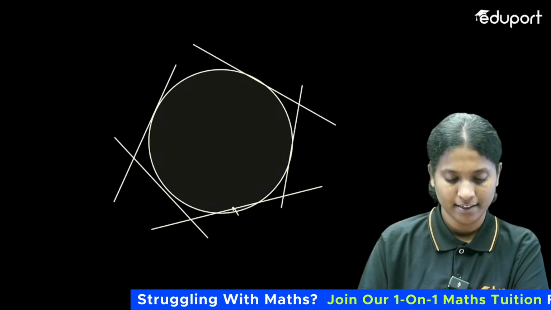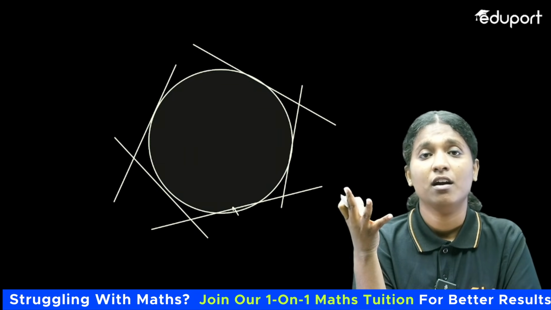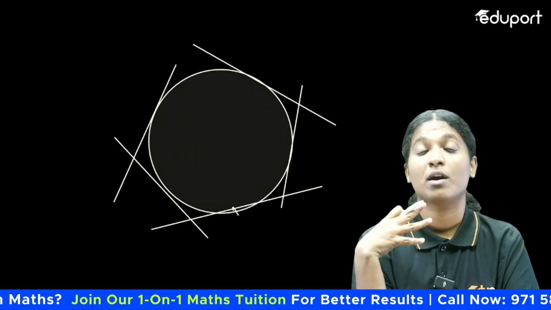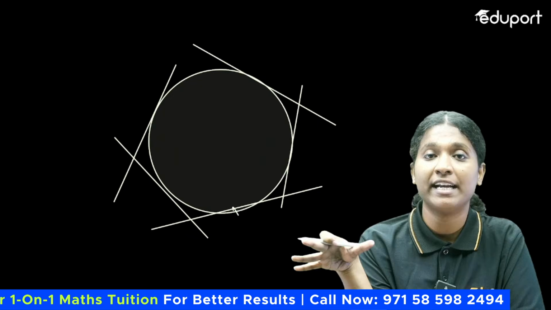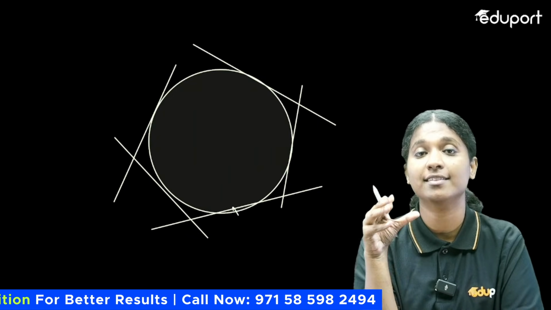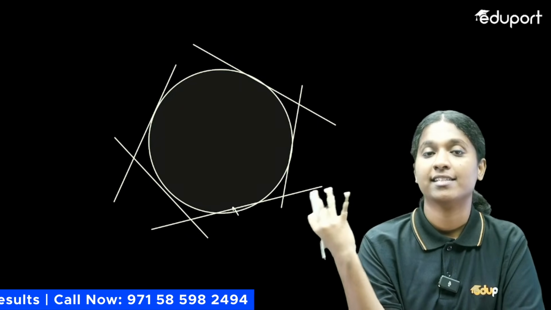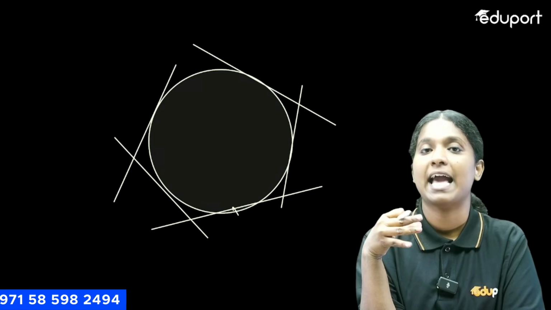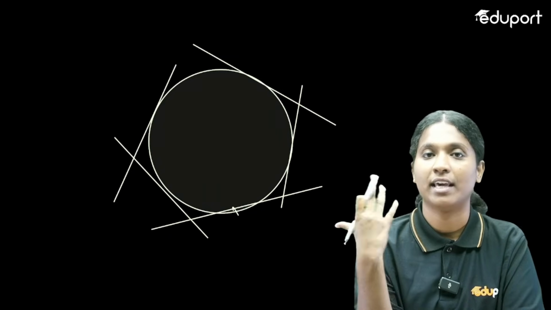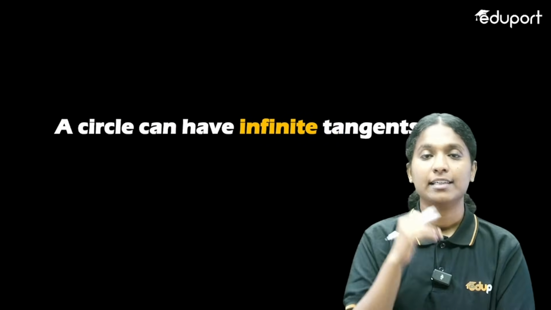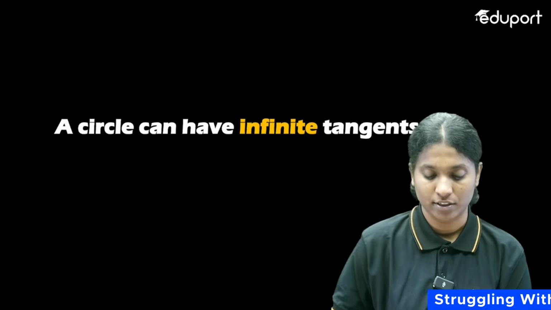How many tangents can you make? You can make an infinite number of tangents, because a circle has infinite points. So a circle can have infinite tangents.